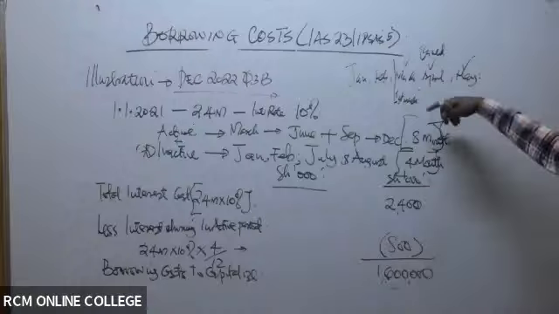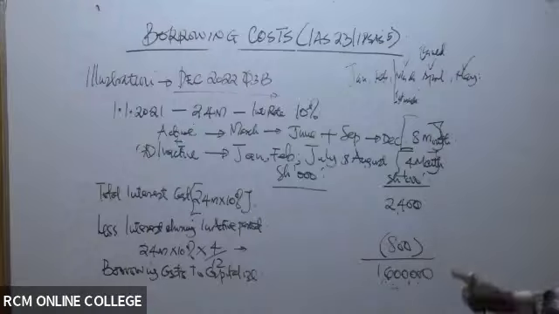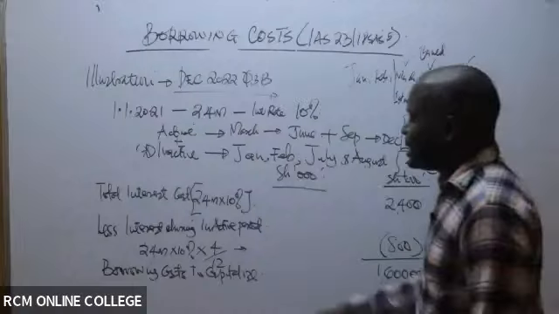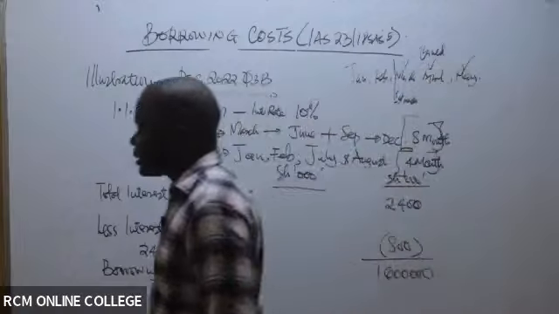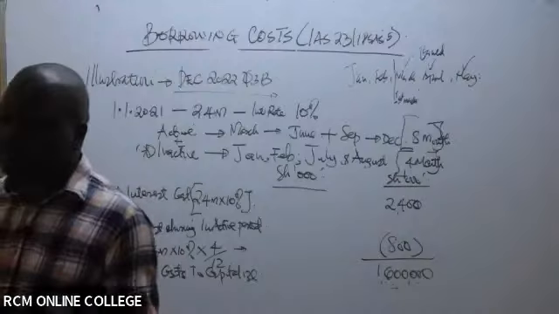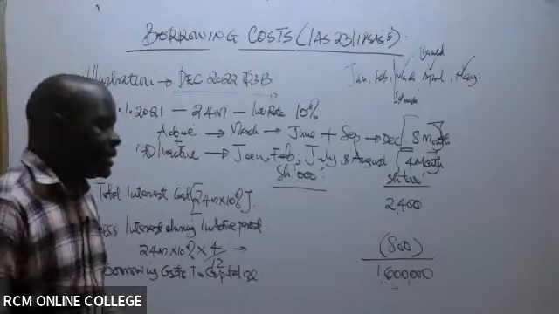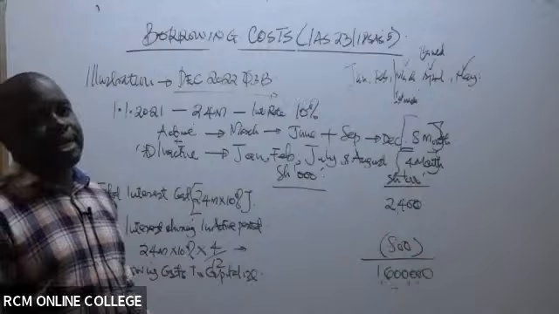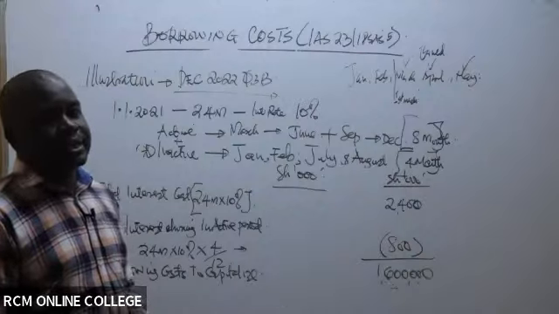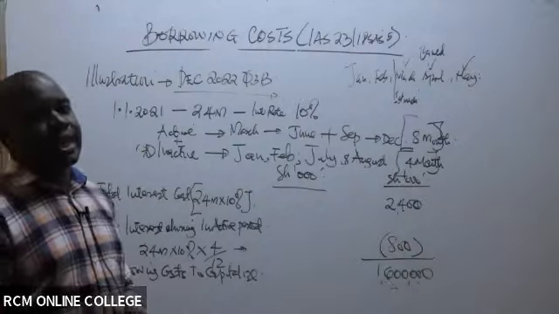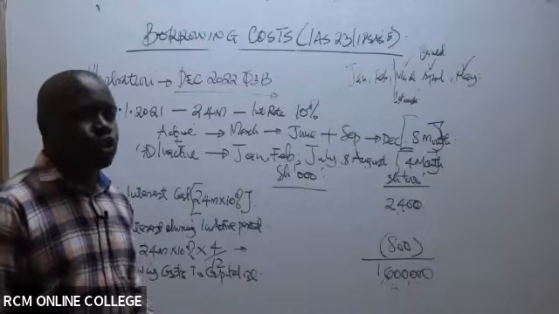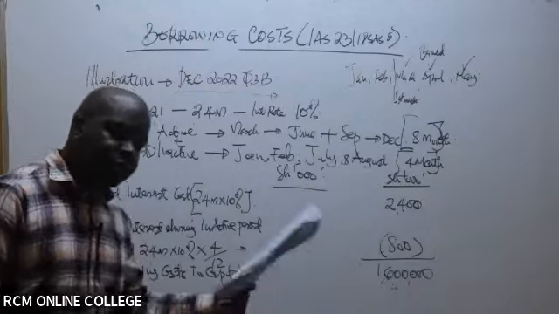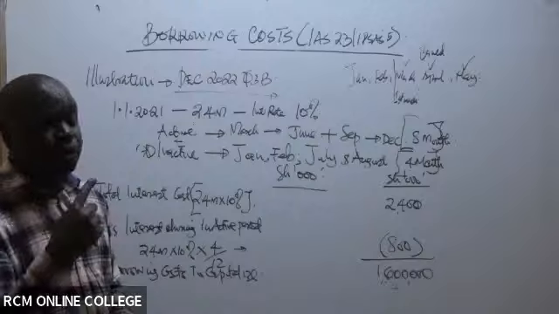Remember, now you are not paying, you are receiving, so you must deduct it here to get the net borrowing costs. If you look at the notes, that is what we have said.